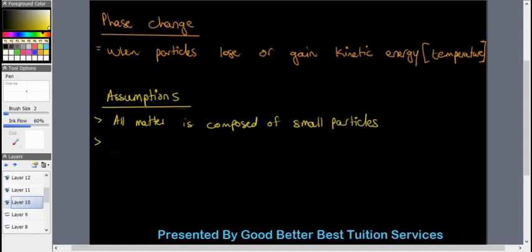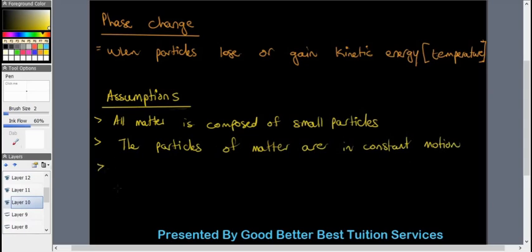And then, the particles of matter are in constant motion.